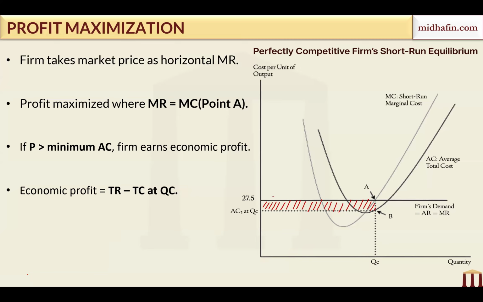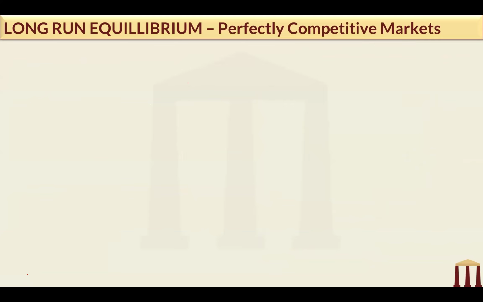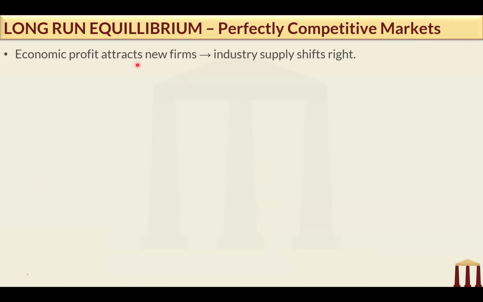Okay, now what about long run equilibrium? We discussed the equilibrium price, but this was short to medium term, you can say. Now, economic profit actually attracts new firms. We discussed that in perfectly competitive markets in the long run, firms barely earn any economic profit. Because if there are economic profits, they will tend to attract new firms. Why?